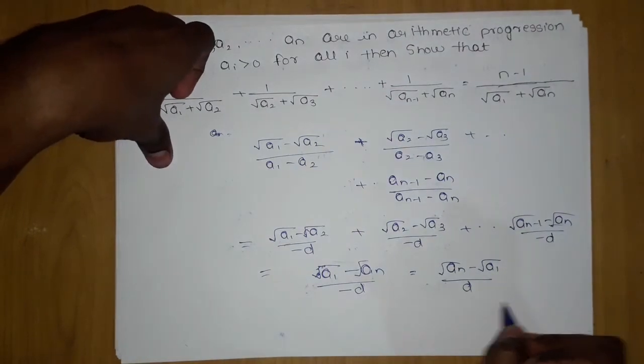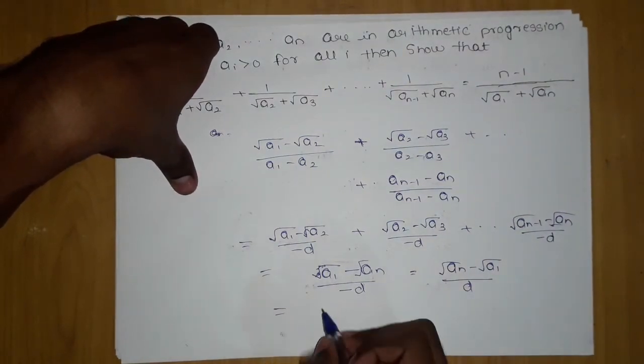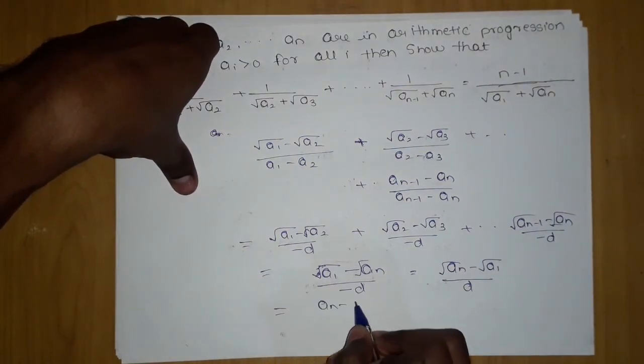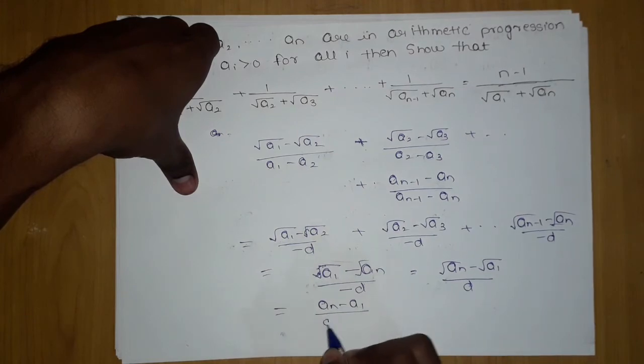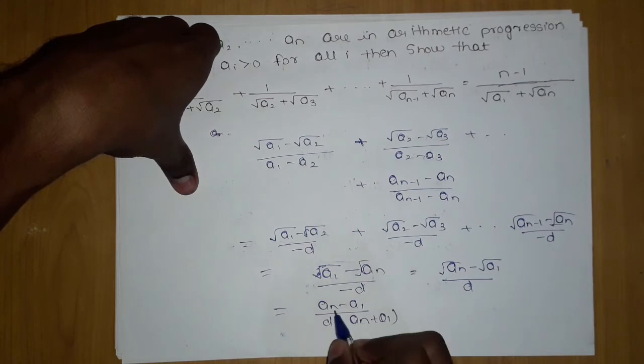We got this. Now if I rationalize it again, I get an minus a1 upon d into under root an plus under root a1.